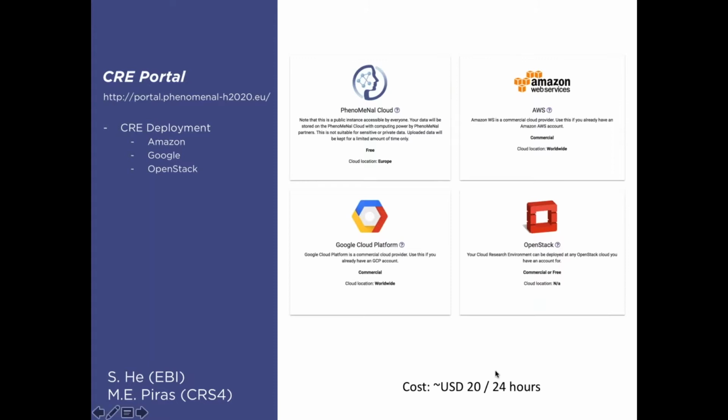To get an idea, running our setup for 24 hours on Amazon costs roughly $20. Now, this is something between you and Amazon. We only provide the way for you to get everything automatically there. We don't get any dollars for ourselves in the middle. This is completely between you and Amazon, or the cloud provider of choice.